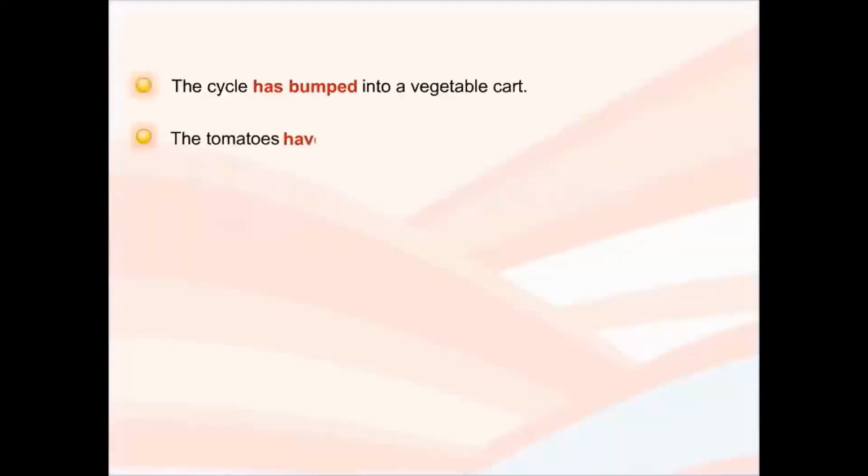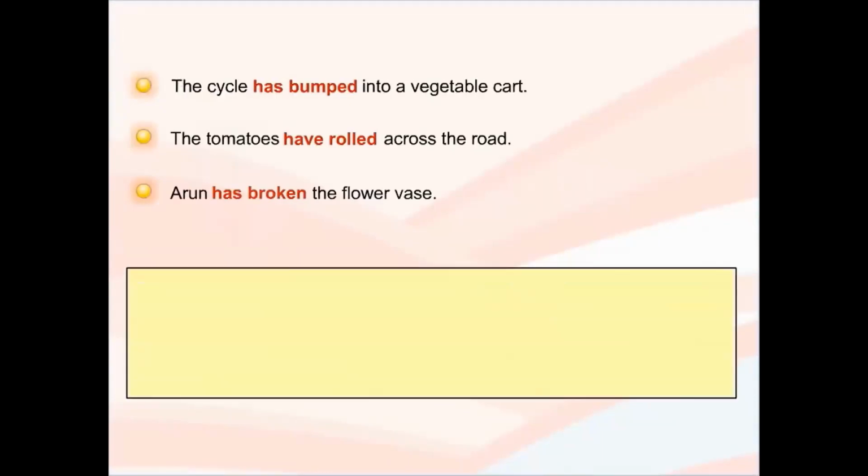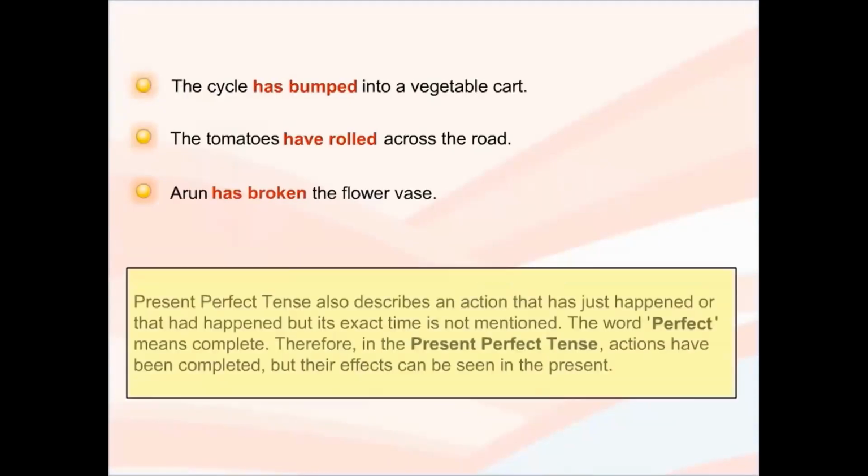In the given sentences, the highlighted words are in the present perfect tense. The present perfect tense also describes an action that has just happened or had happened, but its exact time is not mentioned. The word perfect means complete. Therefore, in the present perfect tense, actions have been completed, but their effects can be seen in the present.